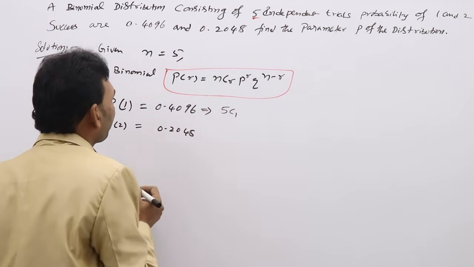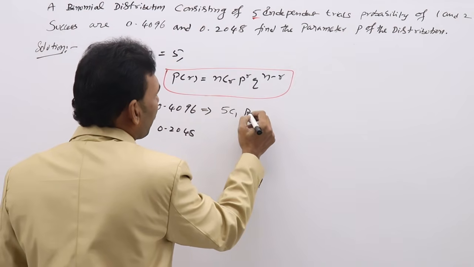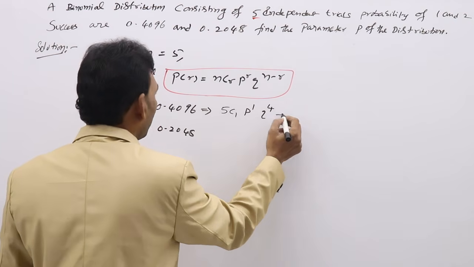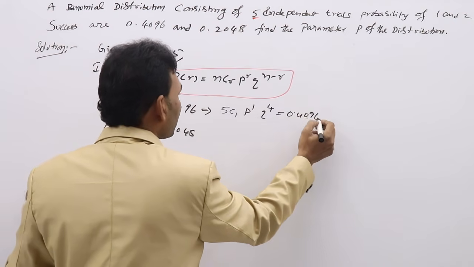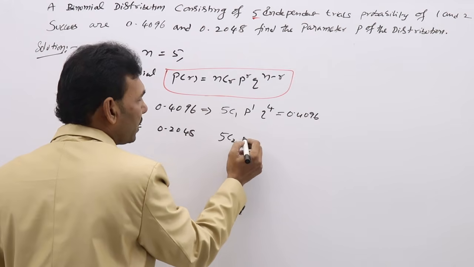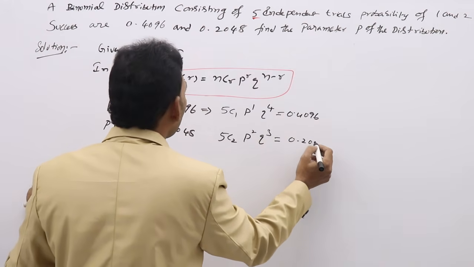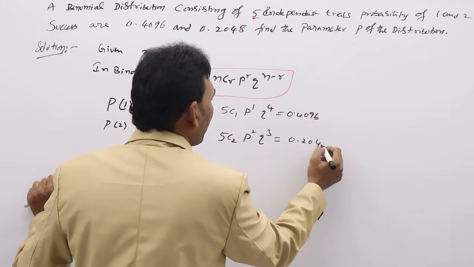5C1 P power 1 Q power 5 minus 1, which is 4, equals 0.4096. Here also 5C2 P square Q cube equals 0.2048.